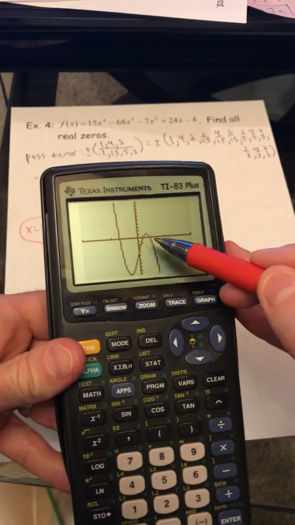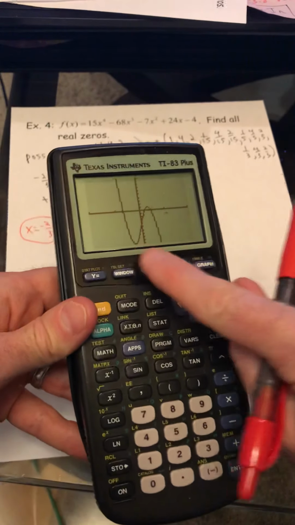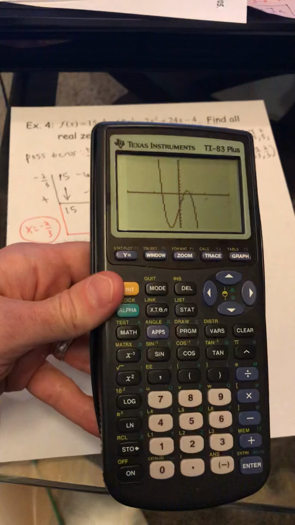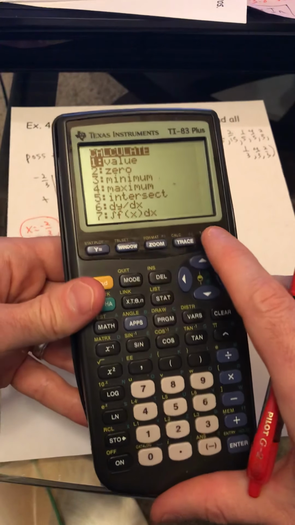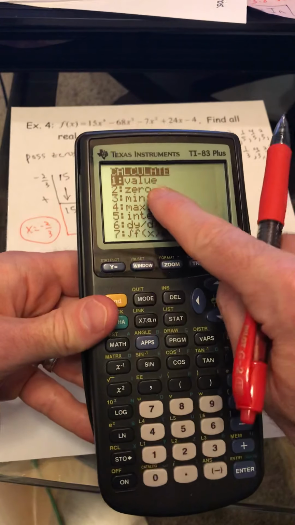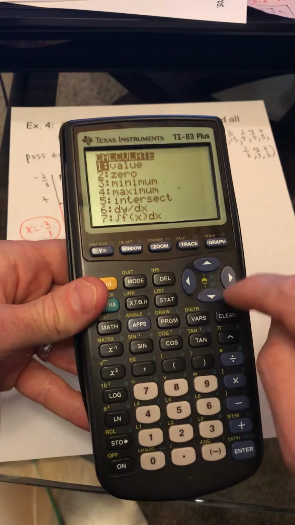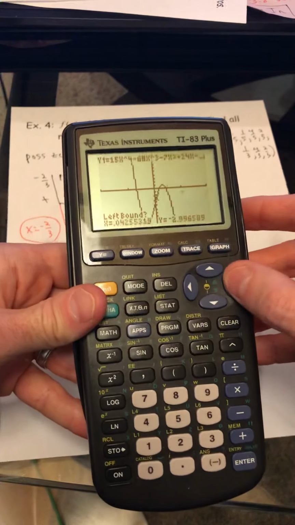This one, if I were guessing, it's going to be 1/5. Well, if you don't ever want to just randomly guess at the fraction, you can also, like when we found the max and mins, use the second trace function and calculate the zero.